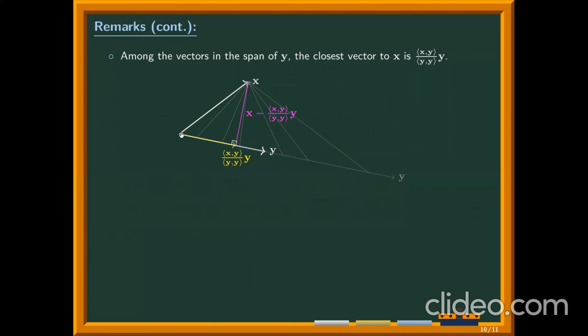So the remark tells us that among those vectors, which are scalar multiples of y, the one that has the minimum distance from x is given by this yellow vector, inner product of x and y over inner product of y and y, times vector y. Okay, and the distance between x and that vector is equal to the magnitude of this vector, which is the difference of x and this yellow vector.